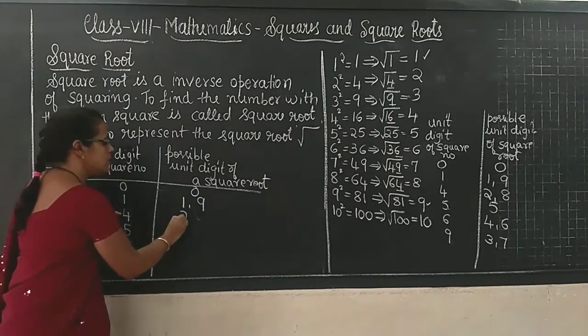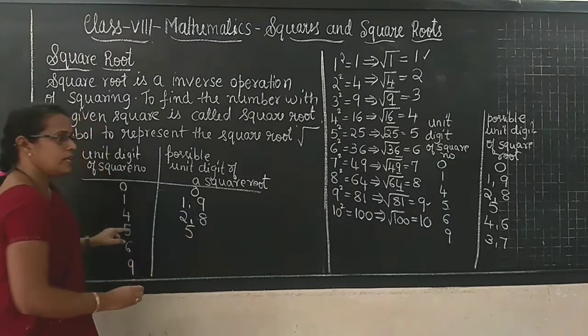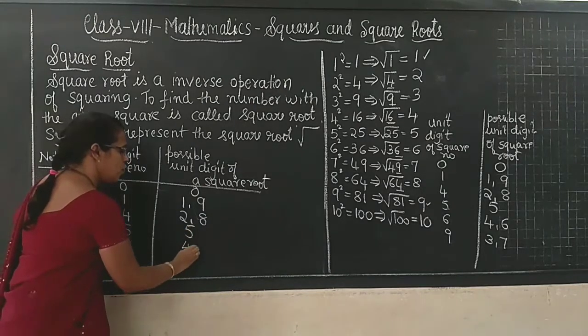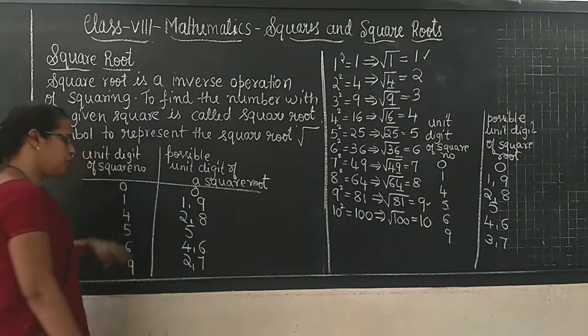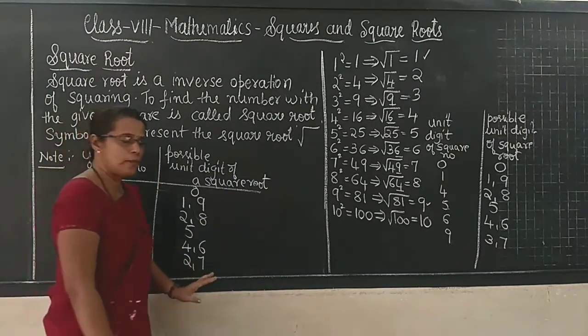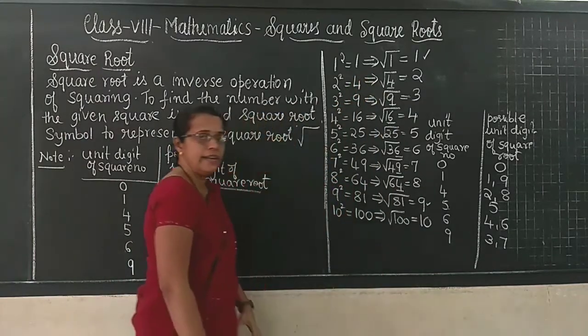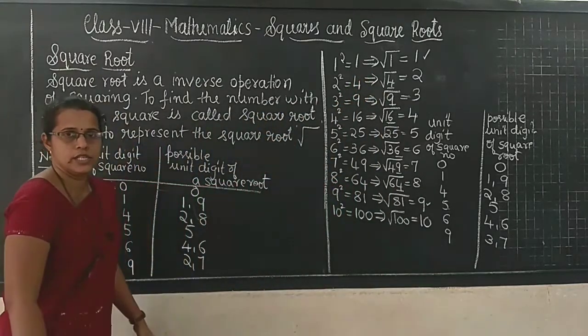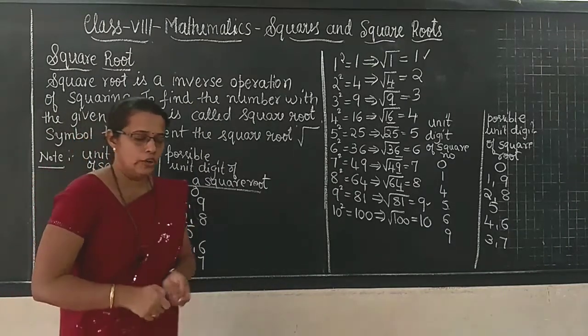Then 4 means 2 and 8. 5 means 5. Then 6 means 4 and 6. Then 9 means 3 and 7. If you do not remember this table, now you understood how to write the unit digit.